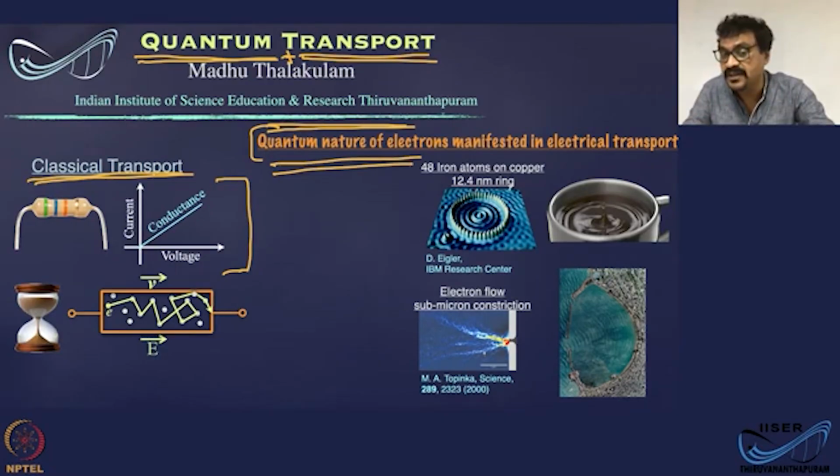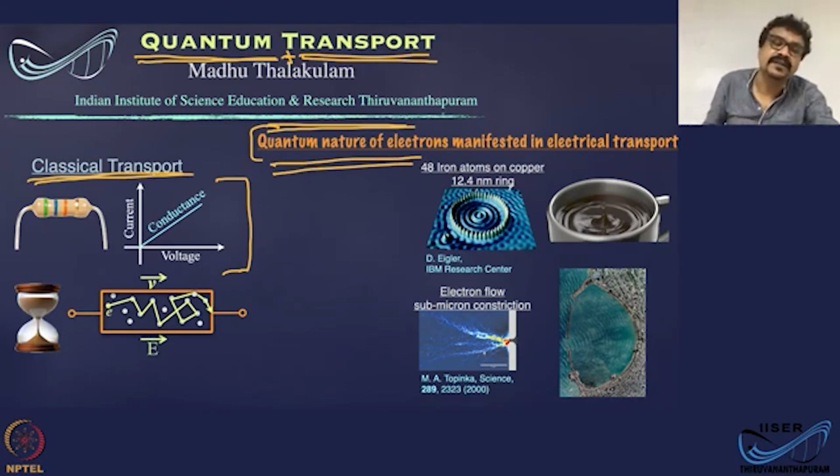It could be strain in the material or as a function of the intensity of electromagnetic radiations on the material. These are all transport studies. But now when we observe the quantum mechanical or wave nature of electrons in transport, then we say we are in the regime of quantum transport.